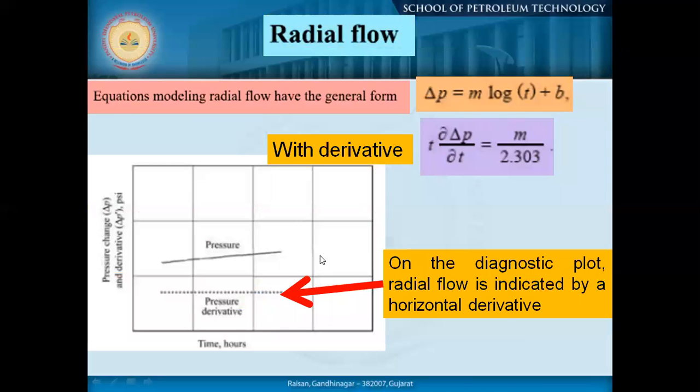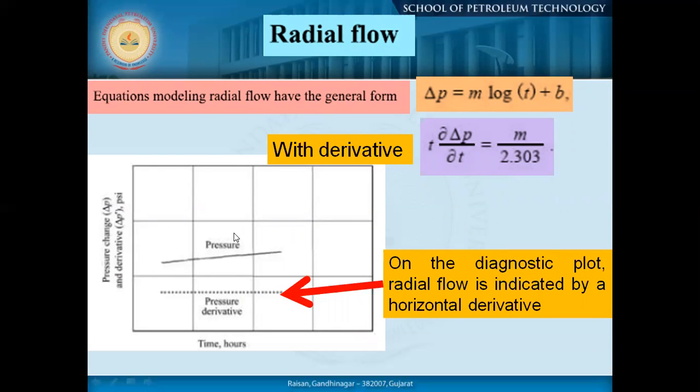On the diagnostic plot, radial flow is indicated by a horizontal derivative. We discussed earlier that pressure will change, but that will not demarcate where the transient or radial flow has started. So we are trying to understand, when we have homogeneous flow from the reservoir, what the shape of the pressure change and the derivative look like.